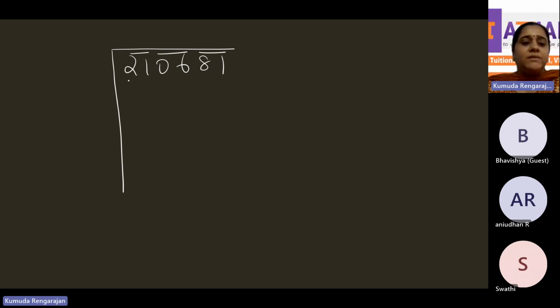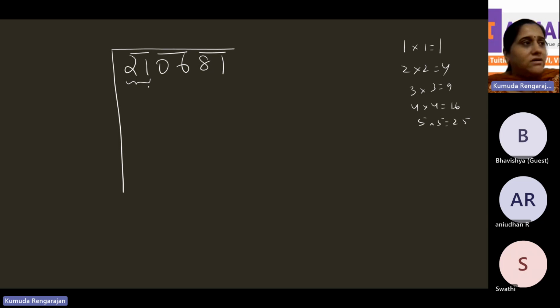Now you should take up 21. 1 ones are 1. 2 twos are 4. 3 threes are 9. 4 fours are 16. 5 fives are 25. So you must find 21 or a number just less than 21.